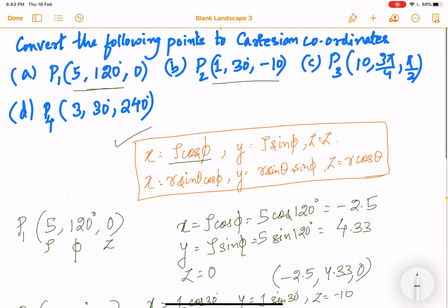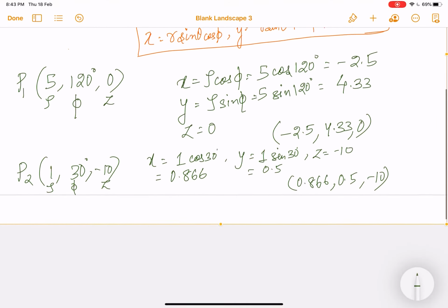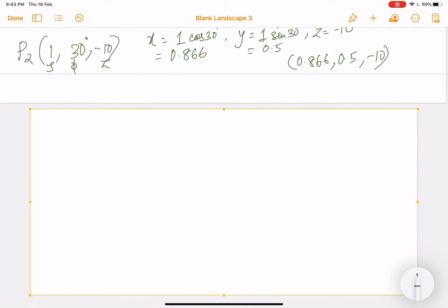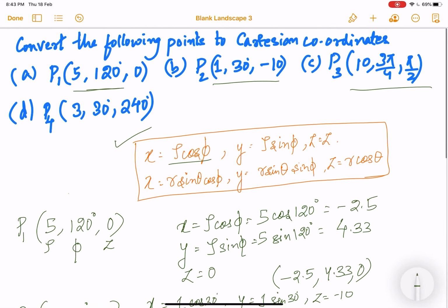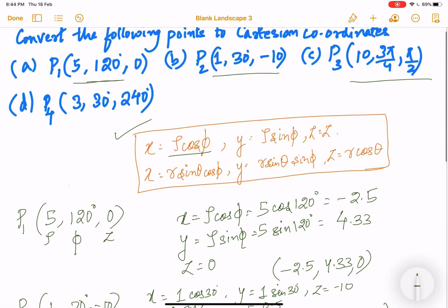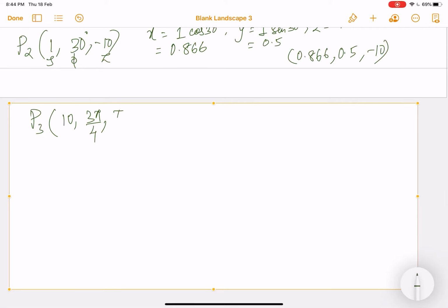Then next is 10, 3 pi by 4 and pi by 2. These two are angles, so these are obviously spherical coordinates. Let's solve it. So x is equal to r sine theta cos phi.